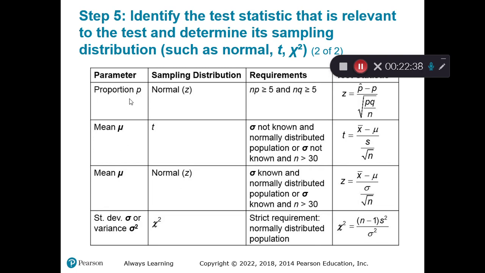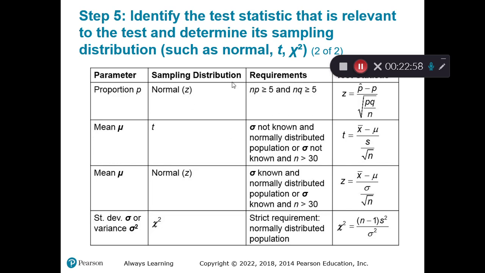In section 8.2, we're going to talk about claims made about a population proportion P. Know that all of those problems are going to involve the standard normal distribution, the distribution of z-scores. So if you've got a proportion, we're going to be working with z's.